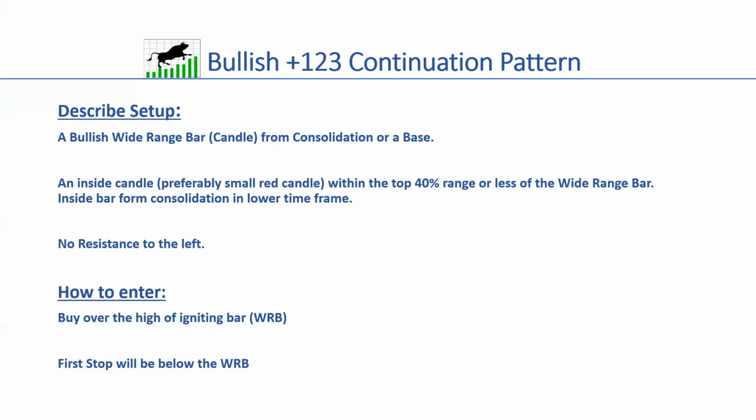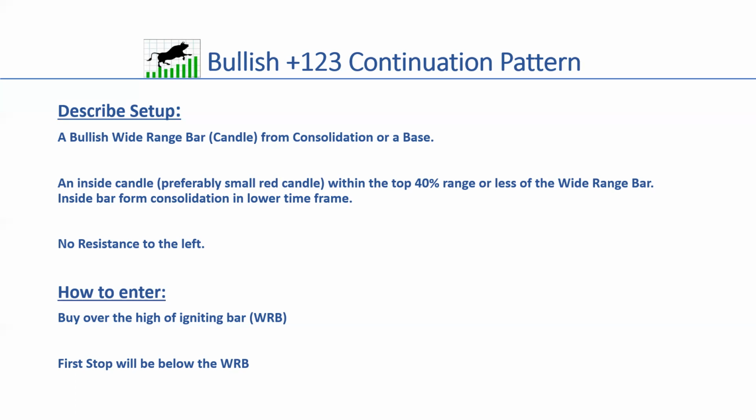So in short, the setup is that we should first have the wide range bar, then a small red candle bar, which is also an inside bar, and then we have the continuation bar. Also, there shouldn't be any resistance to the left.